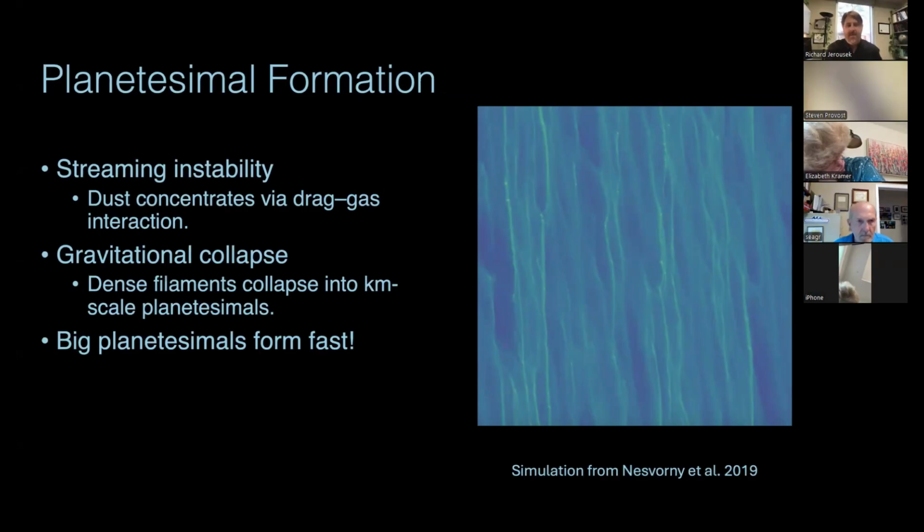And this happens when there's sort of instability between the drag and the particles. And I'd like to talk about race cars here.